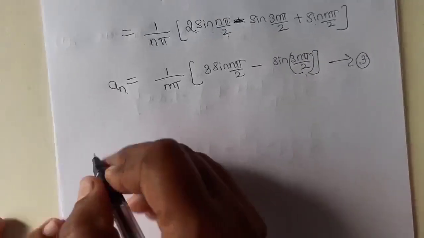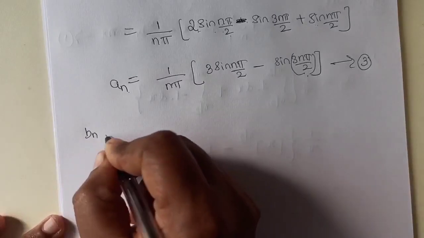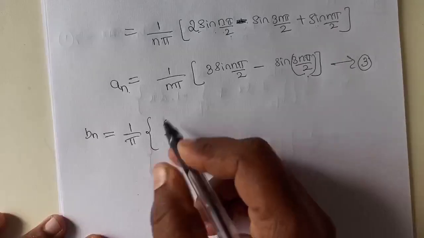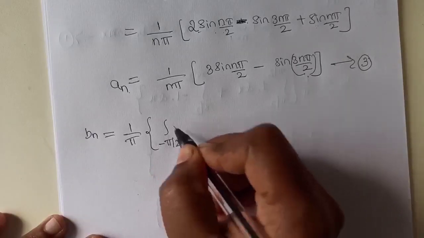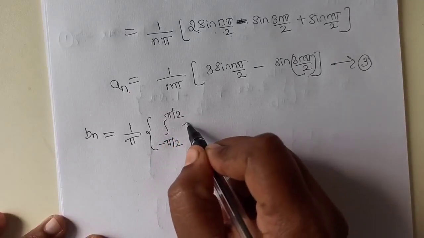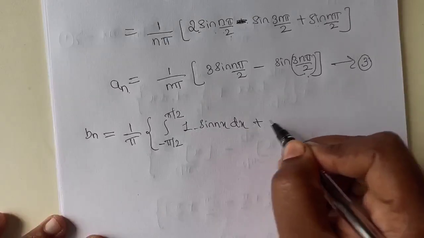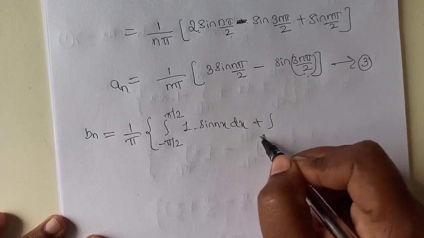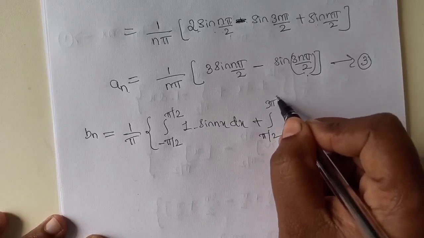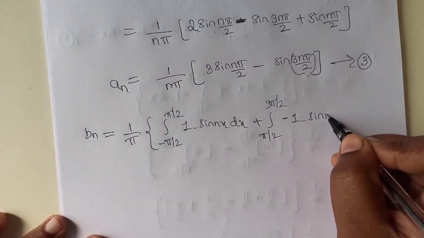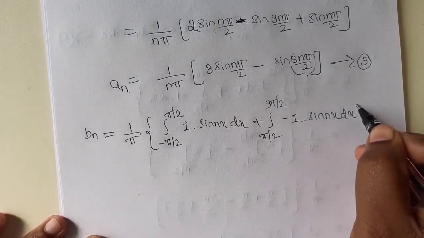Now for bn, we consider 1 by pi integration minus pi by 2 to pi by 2 1 into sin nx dx plus integration pi by 2 to 3 pi by 2 minus 1 into sin nx dx.